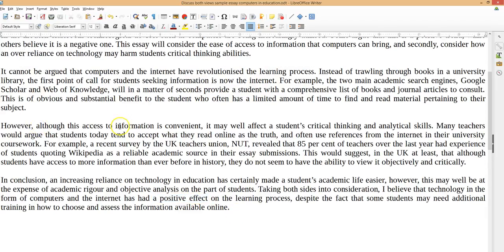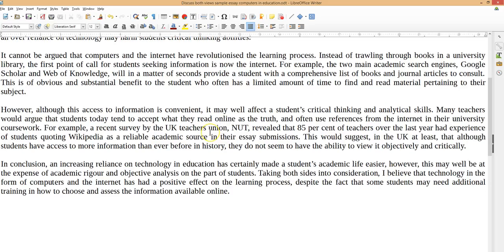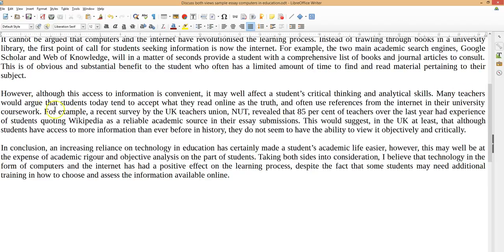However, although this access to information is convenient, so I'm linking back, it may well affect a student's critical thinking and analytical skills. Okay, it's again a clear position throughout the response. Many teachers would argue students tend to accept what they read online as the truth, blah blah blah.